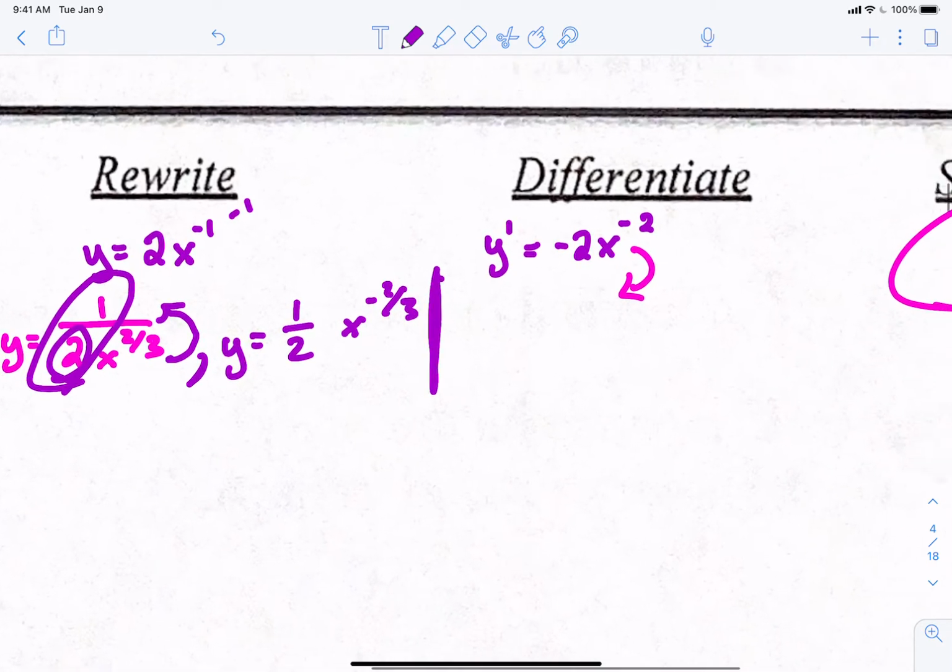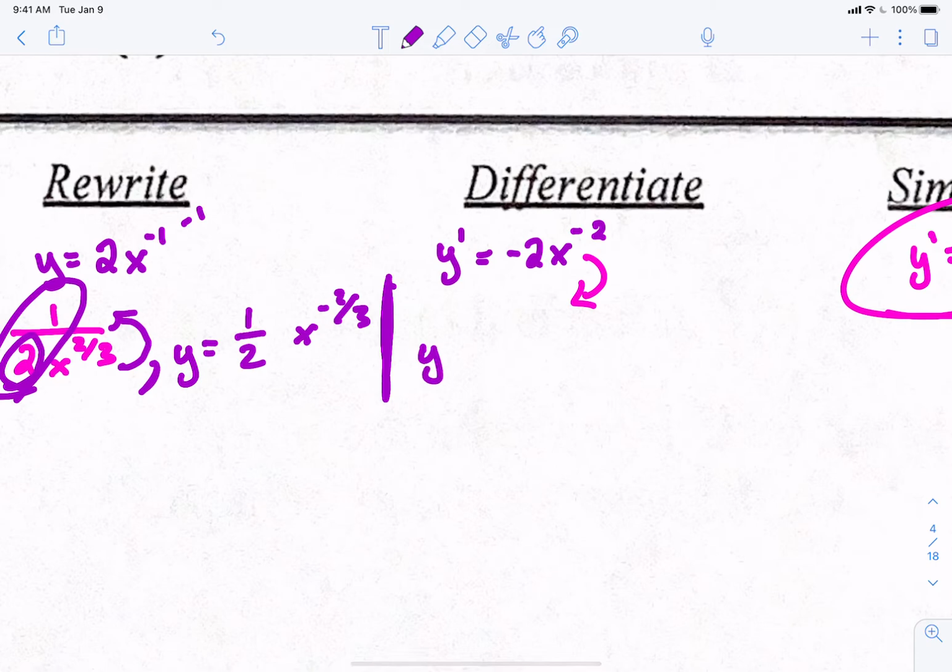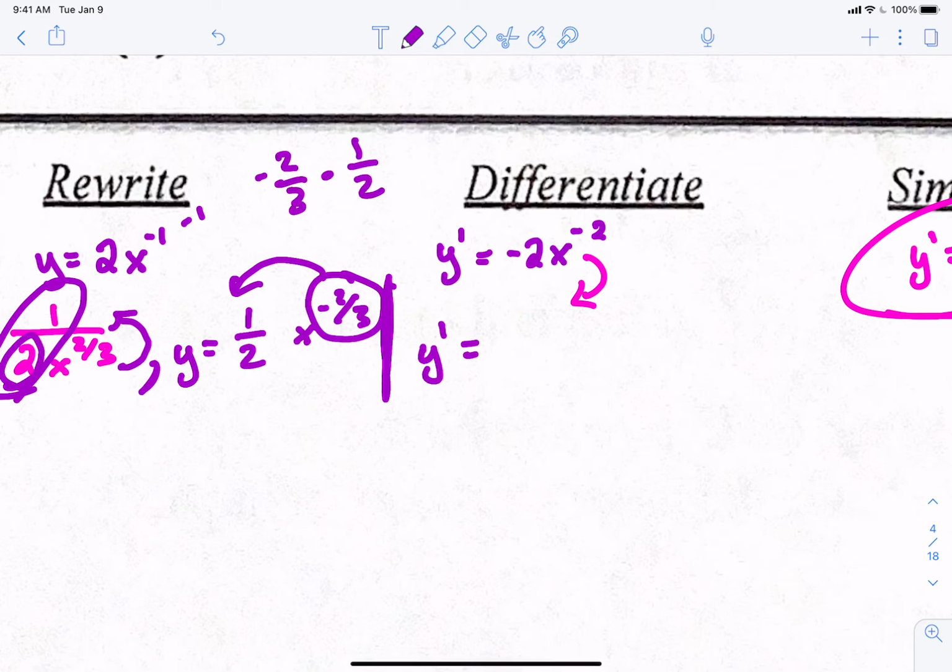Now we have to find the derivative. So this is y prime equals. Take the negative 2/3 and multiply it down in front. What is negative 2/3 times 1/2? Negative 2/6, or you can cancel the 2's, negative 1/3.